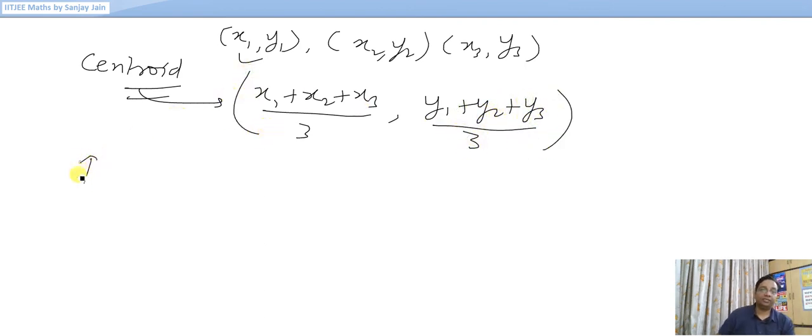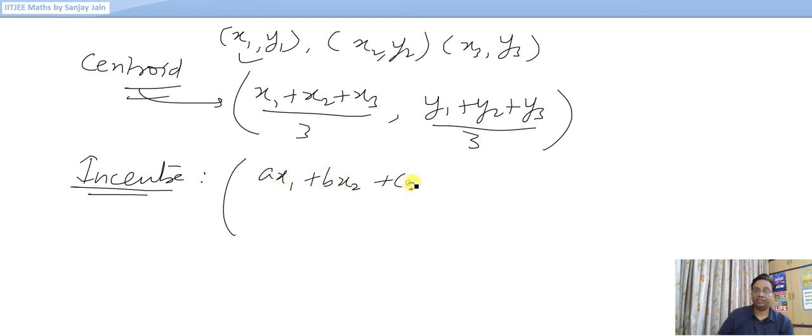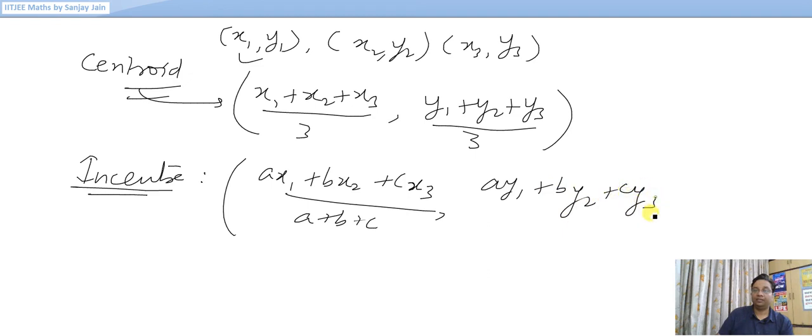Right? What was the incenter? The incenter has coordinates (ax1 + bx2 + cx3)/(a + b + c), and (ay1 + by2 + cy3)/(a + b + c).